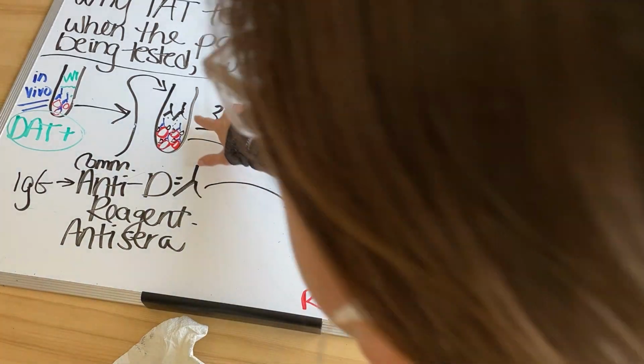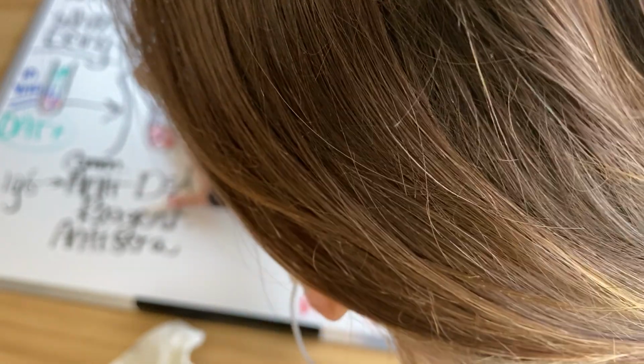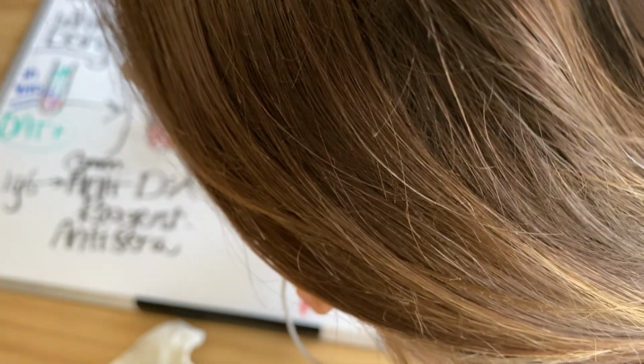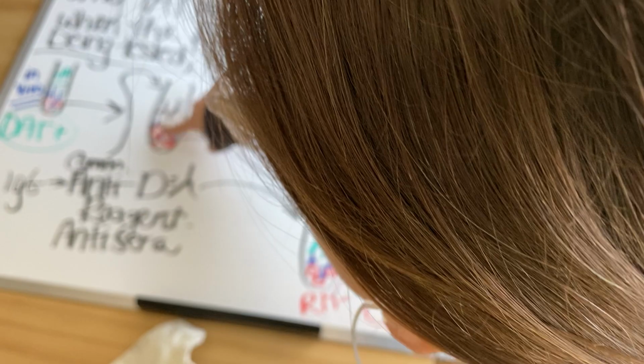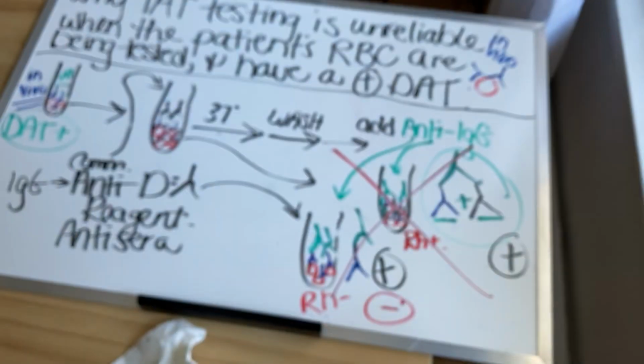If this was just basic immediate spin and we stopped here, we can add anti-D, and if it's the good stuff that's commercially prepared, it's bigger and it can bind at immediate spin. It's going to find the D antigens, bind to them and agglutinate. These little previously coating ones are not going to interfere at immediate spin. As long as we add the anti-D, it will agglutinate the red cells.